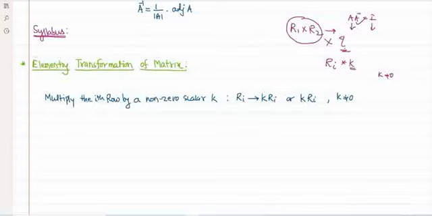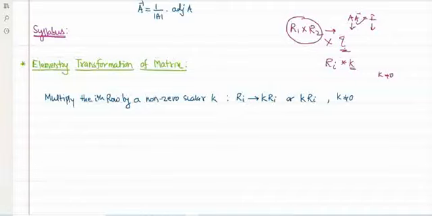Next one. If your mic is not working, you can write your answer in the chat box. Quick. What are the elementary transformations apart from this? We can add the rows. Okay, we can add the rows. Add rows: R1 plus R2, R1 minus R3 like that. That is possible. Further, I will give you an example.